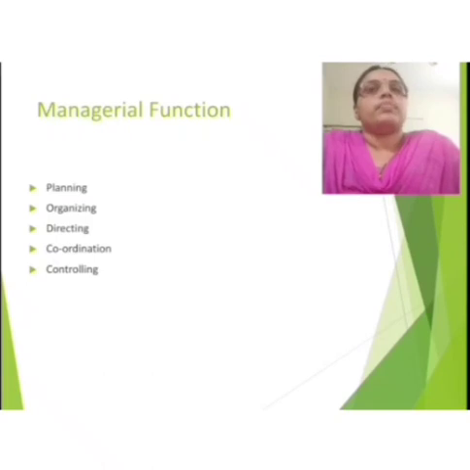Controlling involves observation and evaluation of the workers' performance against those predetermined standards. If any variations are found, corrective actions are taken immediately. So the managerial functions include planning, organizing, directing, coordinating and controlling.